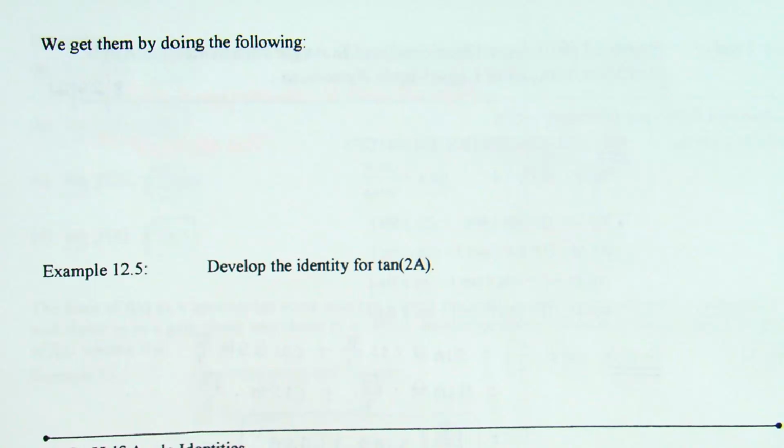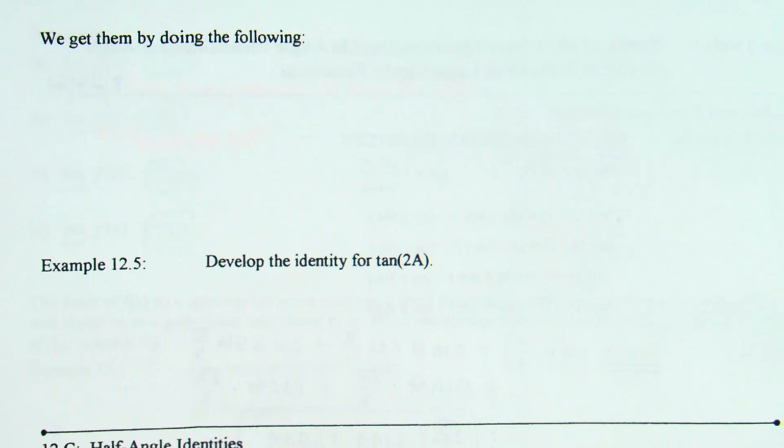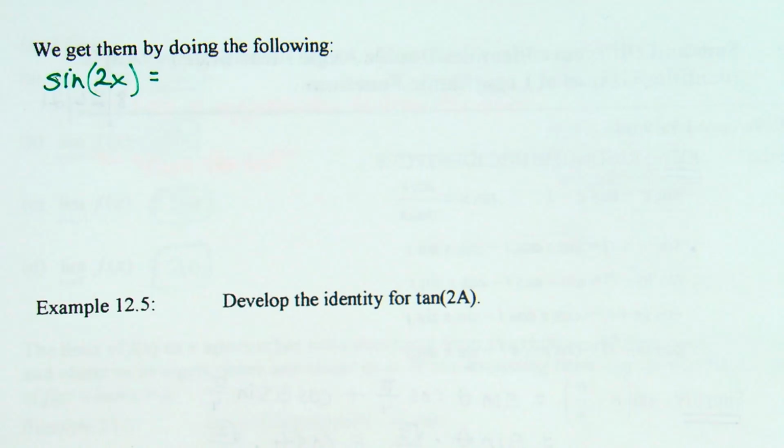Basically, we're going to develop them, looking at how they connect. We'll start with sine of 2x. As we think about sine of 2x and our identities from the front side, I'm going to take 2x and break it into x plus x.